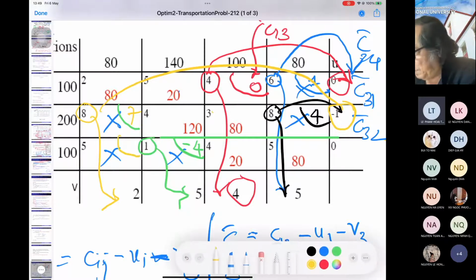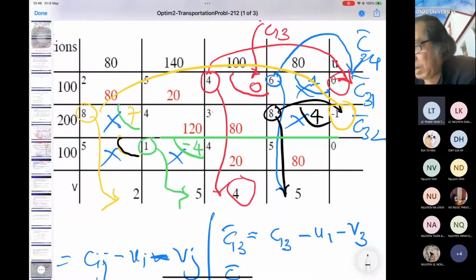Okay, what is this number? That is C bar 3,1. It equals what?